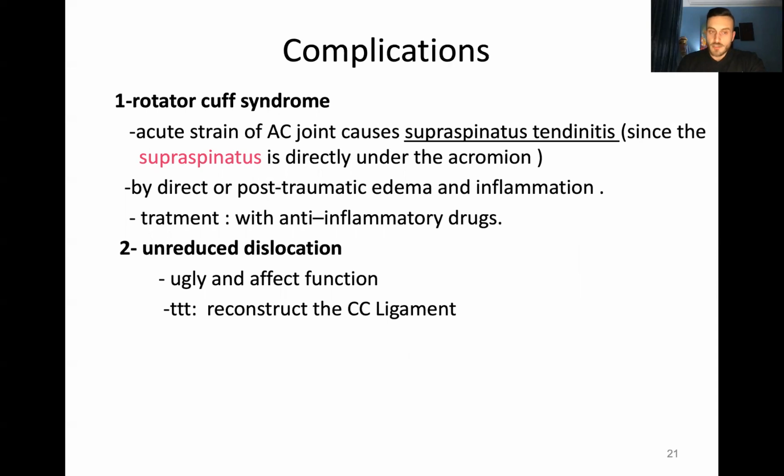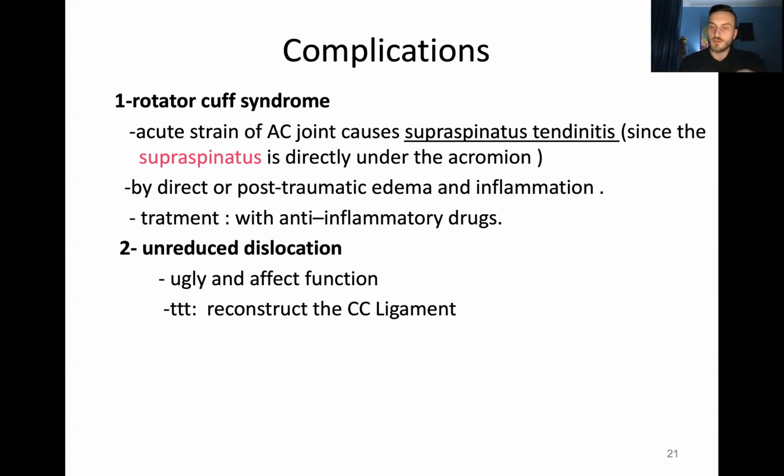For the complications, you may have something called rotator cuff syndrome. So you have to know the anatomy of the rotator cuff muscles. The most important one of them is the supraspinatus. The supraspinatus goes through the subacromial space, so you can see the acromion, and below the acromion, there is the supraspinatus.